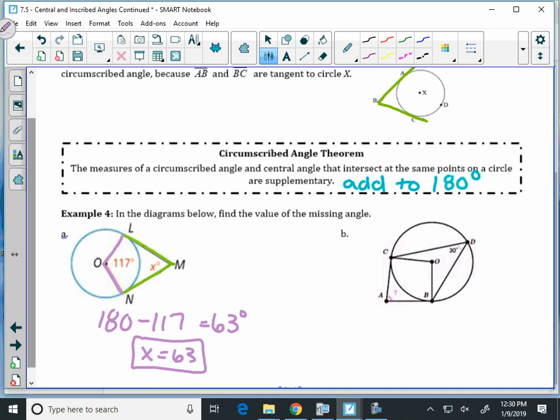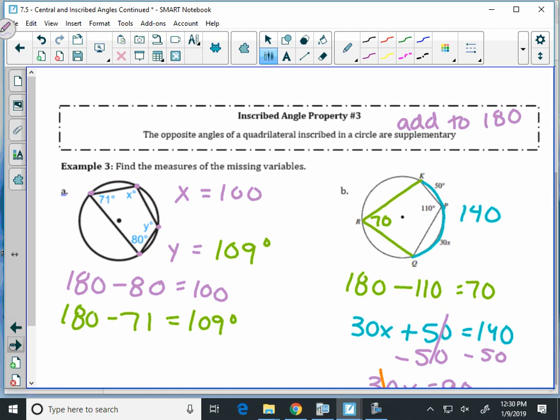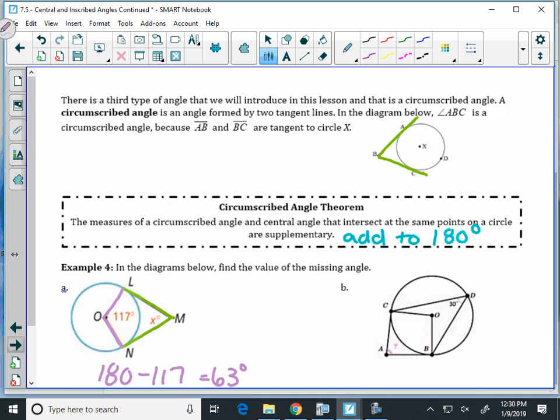Little rule of thumb here: when you're dealing with circles, and you have lines inside or outside of the circle creating a four-sided figure, the opposite angles are always going to add to 180. So if you have a four-sided figure in a circle problem and you don't know what to do, just subtract the opposite angle from 180 and you're probably right.